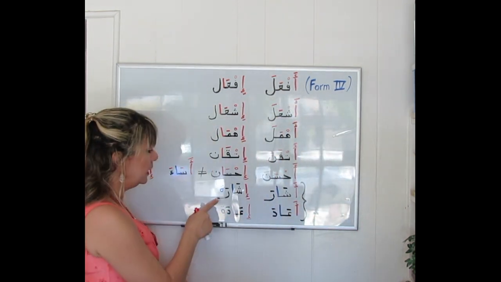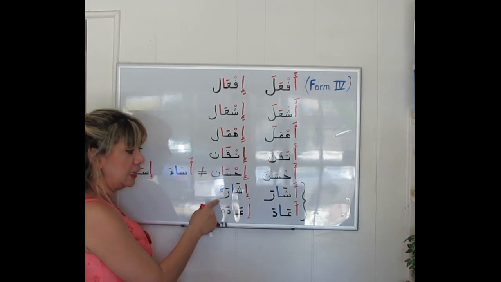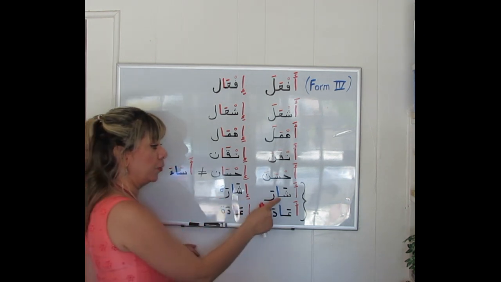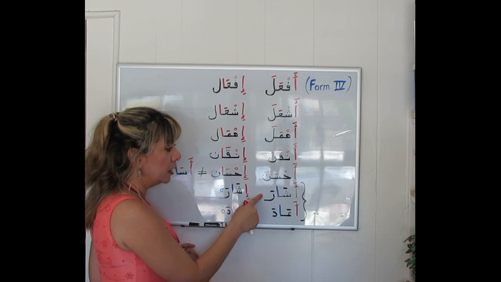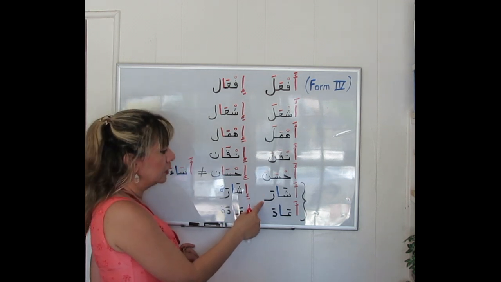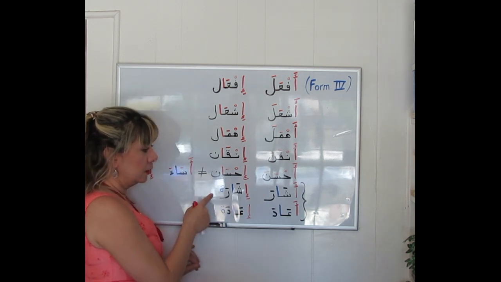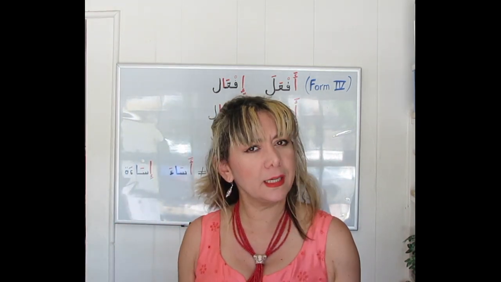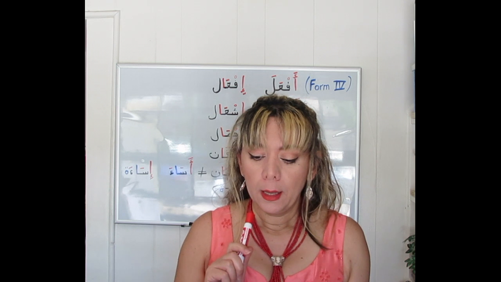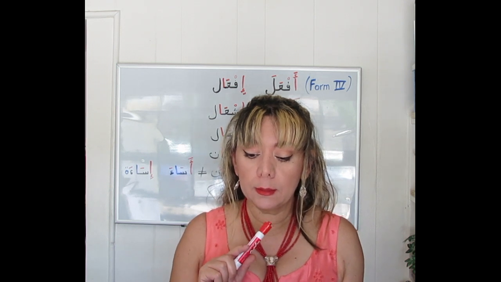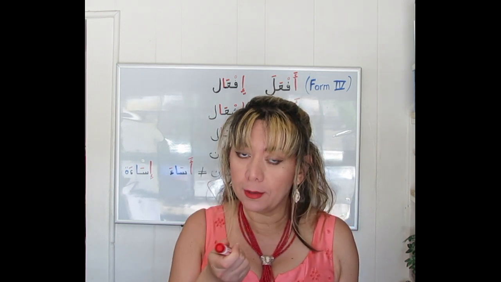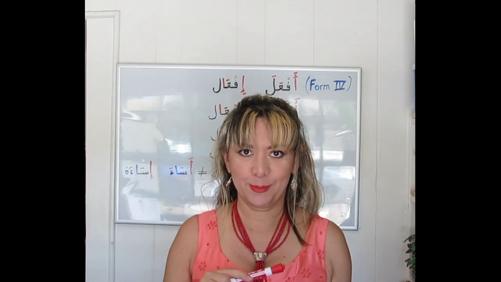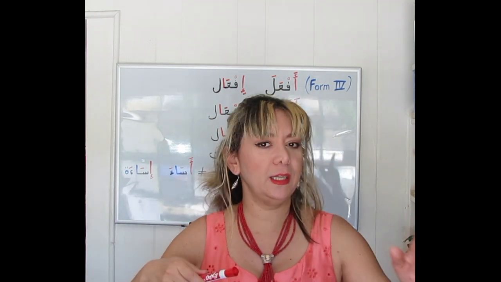إشارة. إشارة is the verbal noun of the hollow verb form 4 أشار. إشارة means a sign, a signal. And the verb أشار is to point out something, to indicate.